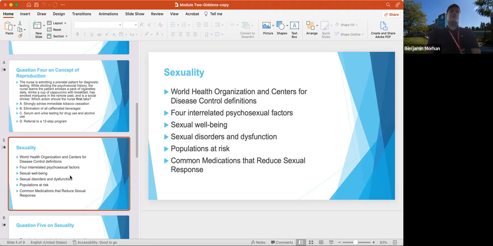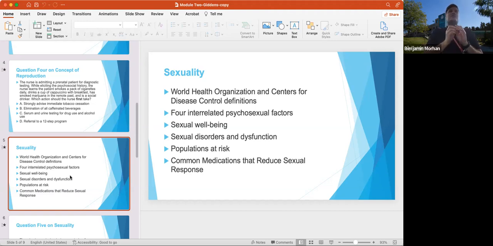There are 4 interrelated sexual psychosocial factors, such as sexual identity, whether one is male or female based on biological sexual characteristics, gender identity, how one views one gender as masculine or feminine, and those are usually socially derived from experiences with family, friends, and society.